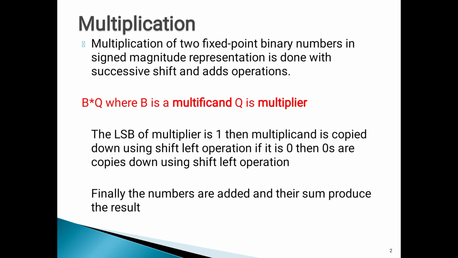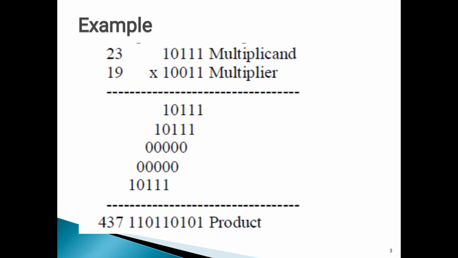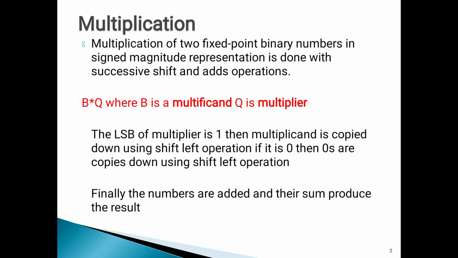So to see this operation, this is the multiplier, right? The least significant bit of multiplier is 1. Then what will you do? Multiplicand is copied down using shift left operation, right? If it is 0, then zeros are copied down using shift left operation.